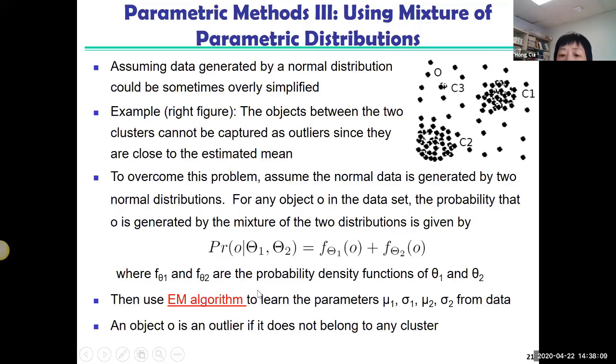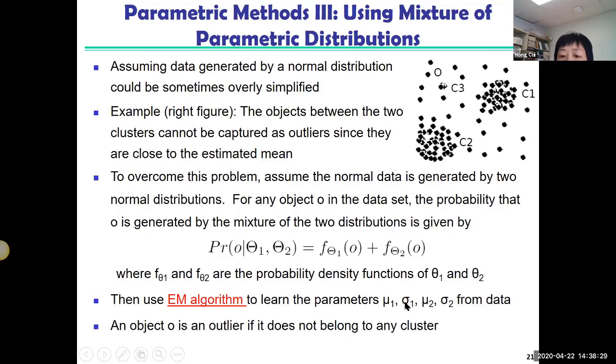Through these two iterative steps, we start with arbitrary, random numbers. We compute the probability of every data point belonging to one of the two distributions, that's expectation.